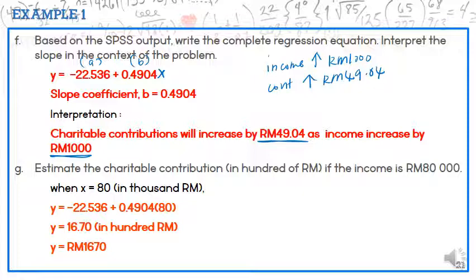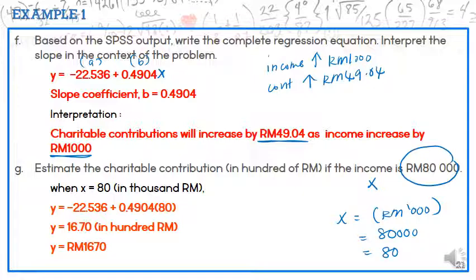Last one. Estimate the charitable contribution in 100 if income is 80,000. Income is your X. Okay, so X awak RM1000. So kalau dia kata 80,000, 80,000 ini bersamaan dengan 80.